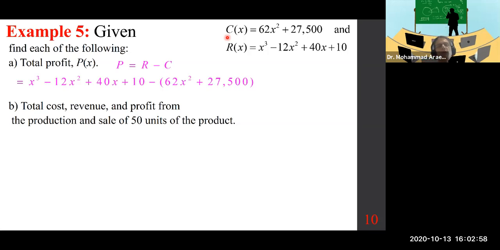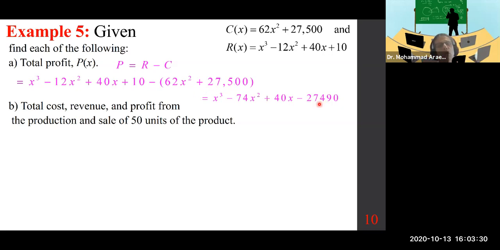So R minus C, you do the simplification, put them in descending order, and the final answer becomes x cubed minus 74x squared plus 40x minus 27,490. I hope you see why this is minus 62x squared and minus 12 is minus 74. Then 10 minus 27,500 gives you that.